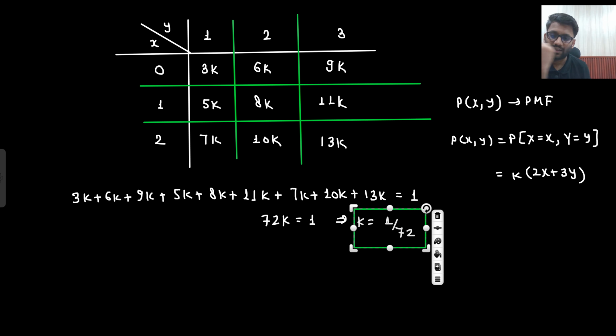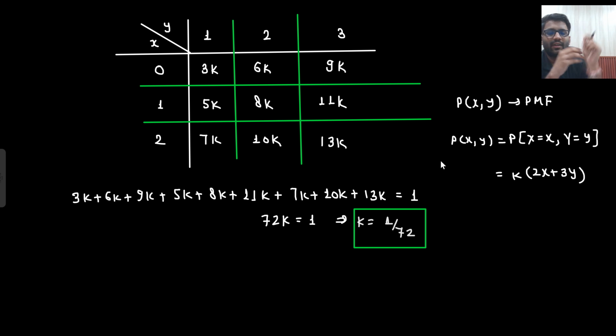Okay, let's check the calculation again. 0, 1, 3k, 6k, 9k, no issue. 1, 1, 5k, 1, 2, 6, 8k, 1, 3, 11k, 2, 1, 7k, 2, 2, 10k, 2, 3, 13k, and you add all of them: 18, 30, 48, 48, 11, 59, 59 plus 5, 64, 64 plus 8, 72k. k is equal to 1 by 72.